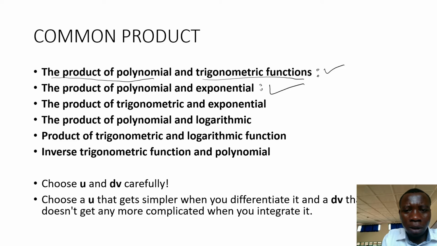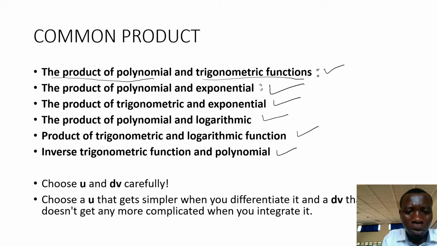A trigonometric function can be multiplied by an exponential. A polynomial can be multiplied by a logarithmic function. A trigonometric function can be multiplied with a logarithmic function. Then the inverse trigonometric function and the polynomial. Basically, those are the common products that we will meet under integration by parts.